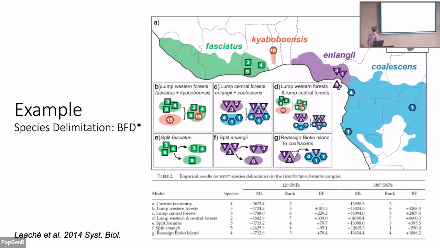So they've done it for 129 SNPs and 1,000 SNPs as well, roughly, and they found that it's this scenario here where there's a split of these two lineages from these 3 individuals. So this is the sort of thing that can be done using this method.